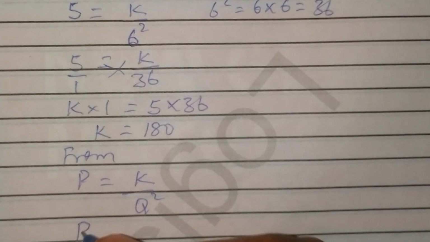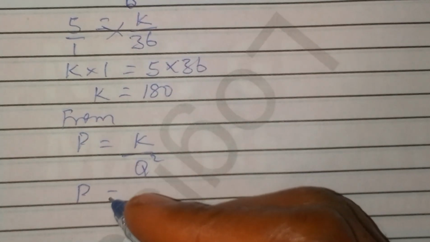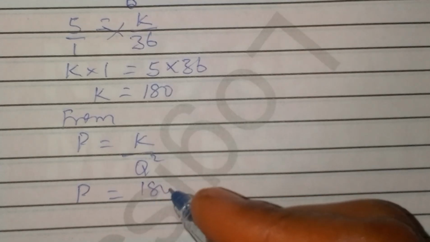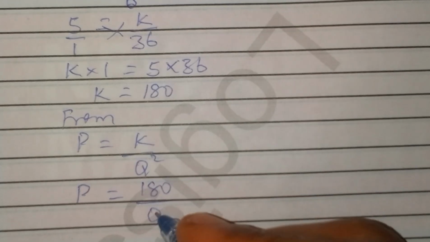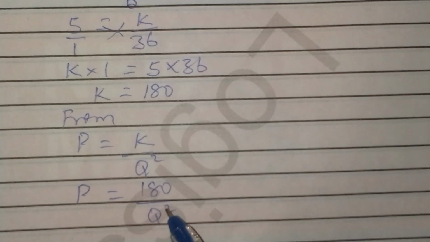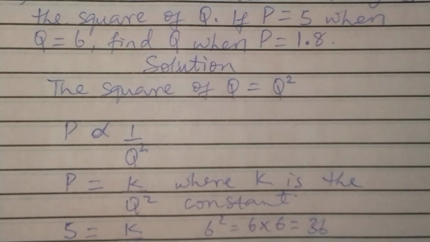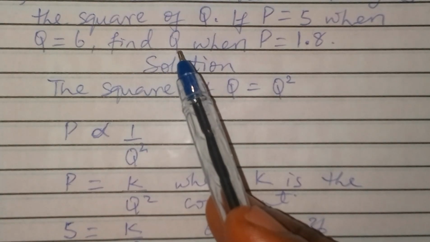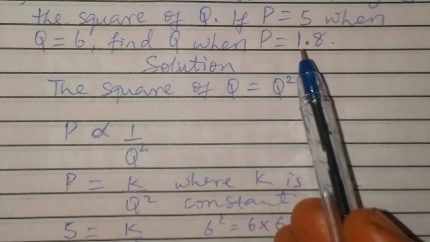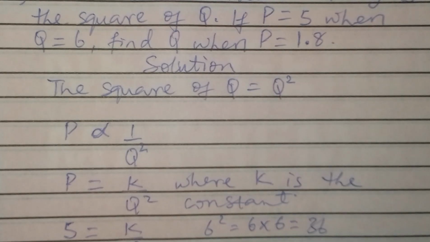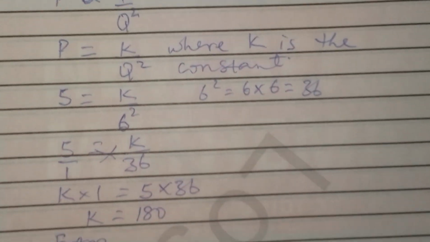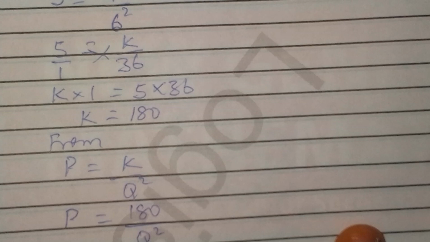So we have p is equal to 180 divided by q squared. This is the relationship between p and q. It is from this relationship that we can answer the second part of the question, which says find q when p is equal to 1.8.